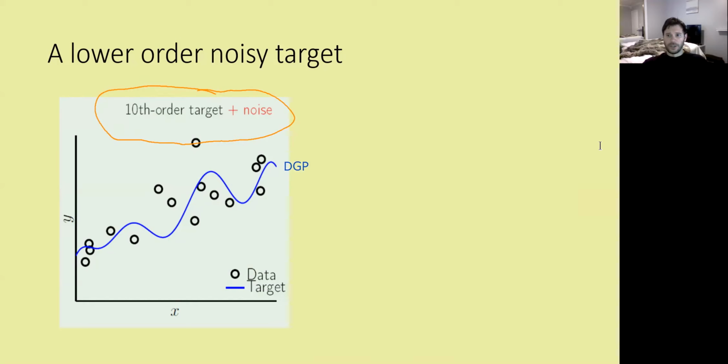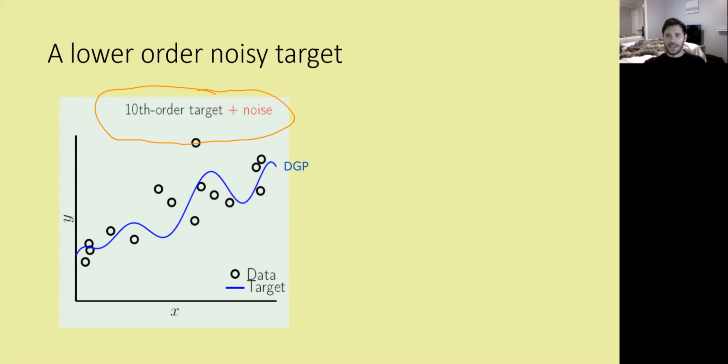What we're going to do here is look at 2 different hypotheses on this data. So I'm going to take away the data generating process. You're not going to see that blue line. All you will see are the data points. We're going to use 2 different models to predict here using the data set.